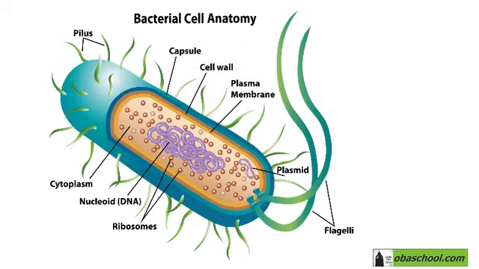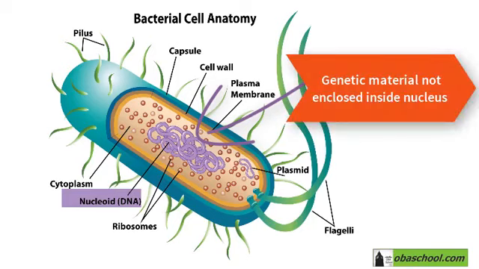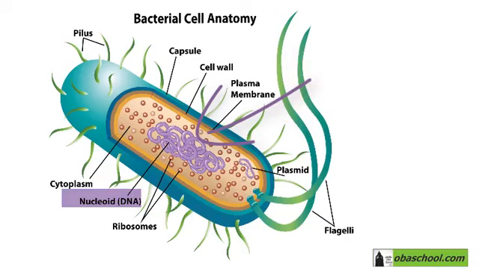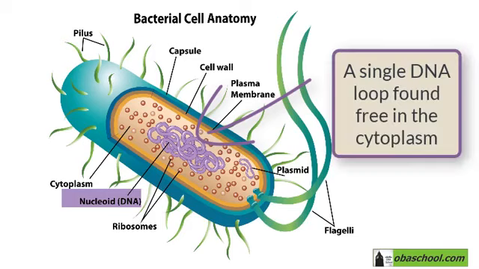Notice how prokaryotic cells, or bacteria, have the genetic material in a different form from the eukaryotic cell. The genetic material is actually not enclosed inside a nucleus. Moreover, it is a single DNA loop found free inside the cytoplasm.